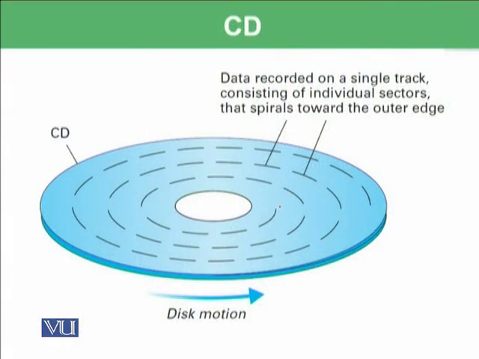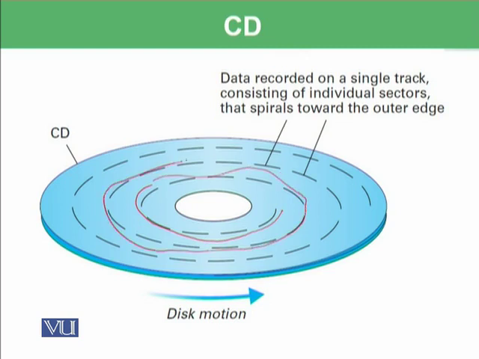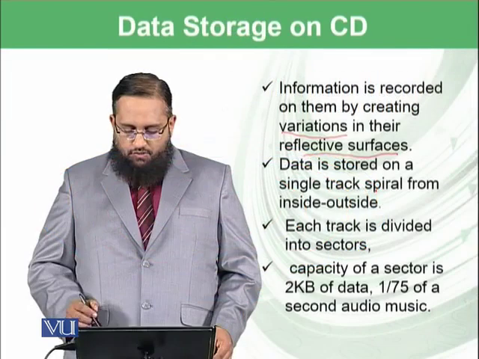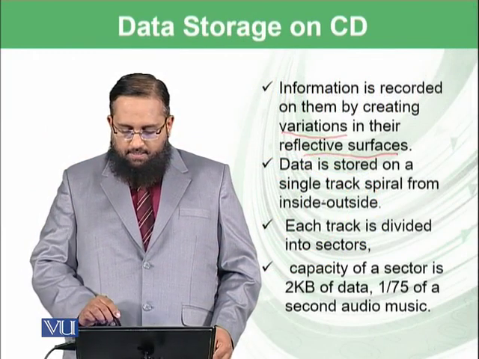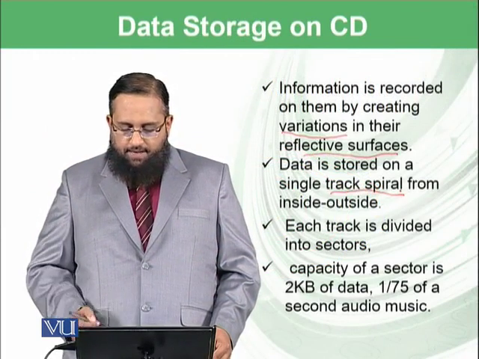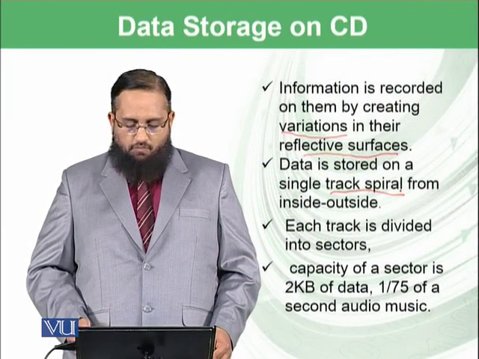You can see that in a CD, we start a spiral from here and go outward. It keeps going outward, but it is all called one track. So there are no multiple tracks available in CDs. It has a single track, which spirals from inside to outside.